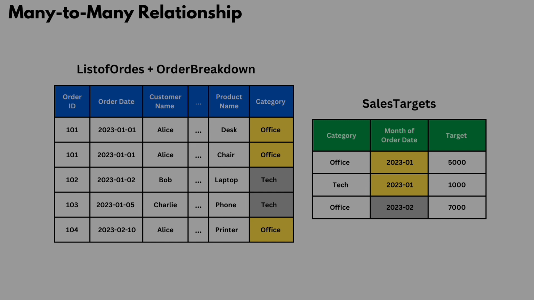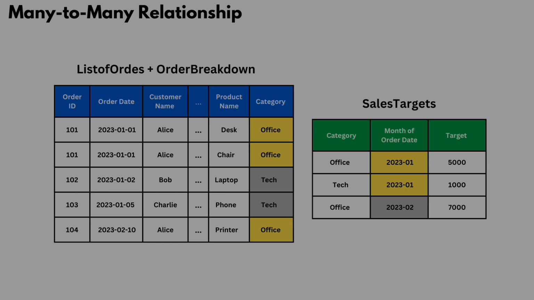We have three dots here, which represent the rest of the columns, but I didn't have enough space to put all of them here. But let's say we have all of the columns from both tables, and we also have the last sheet, which is called sales target, and we want to explain why this is a many-to-many relationship.